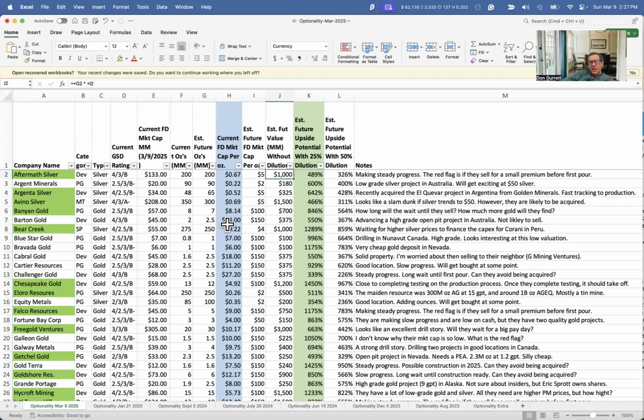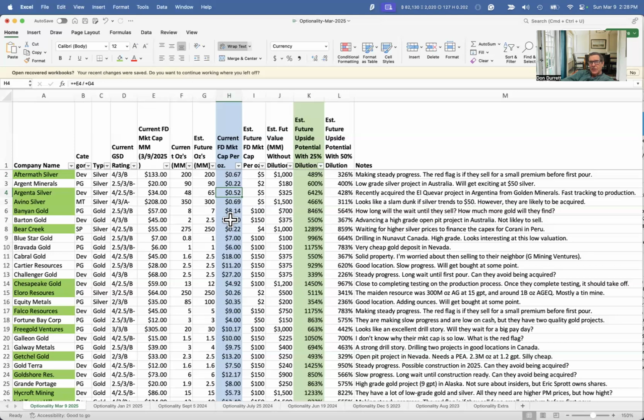What's amazing on a lot of these development projects is the boards, they don't think like a shareholder because there's a wide gap between the valuation of a company if they sell it before first pour or if they take it to production. You're going to make so much more money if you take a project to production and it gets revalued higher.